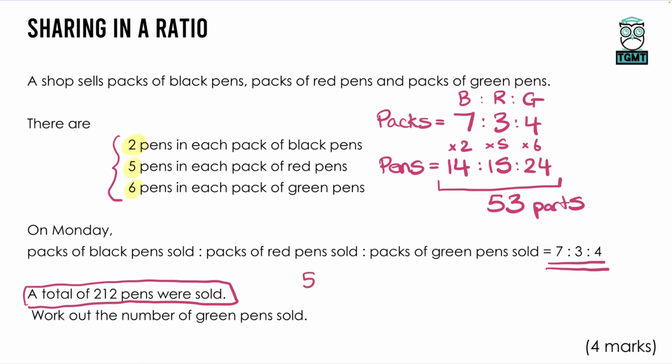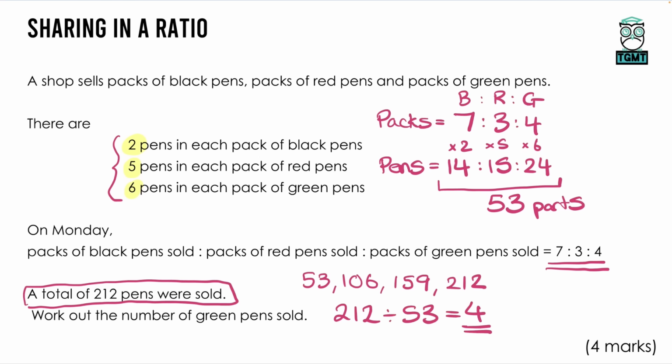So if we do a few 53s, if you're not sure, 53, 106, 159, add 50 is 209, add the 3 is 212, so there we go, it fits in 4 times. So let's write that down, 212 divided by 53 is equal to 4. So each part there in our pens ratio represents 4 pens.